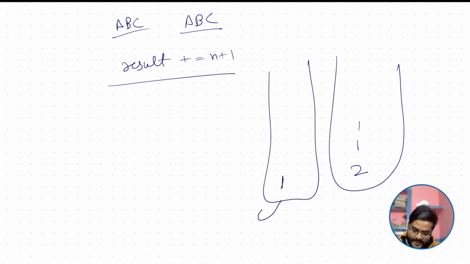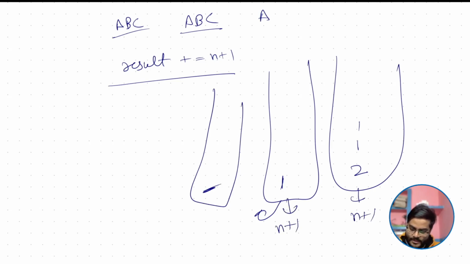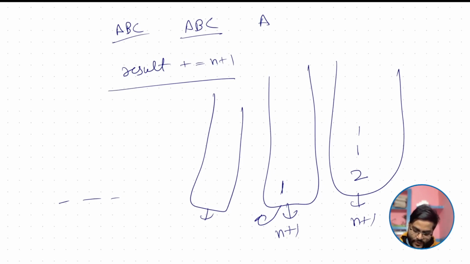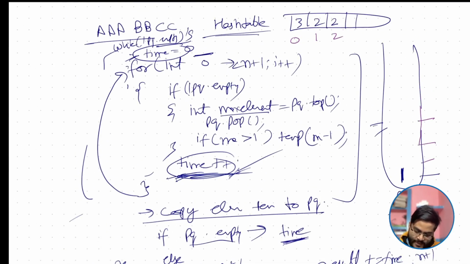And in the third case, for A only, what will happen? It will get empty inside this. So for this case, I will add n plus 1. For this case also, I will add n plus 1 because it is not empty. We have remaining elements, and for this case it is empty. So I will add the time of this A only.